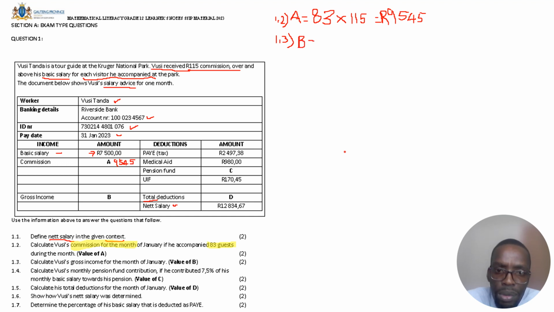Our B is going to be basic salary plus commission. I'm just going to write the formula there. In this given context, it's basic plus commission.